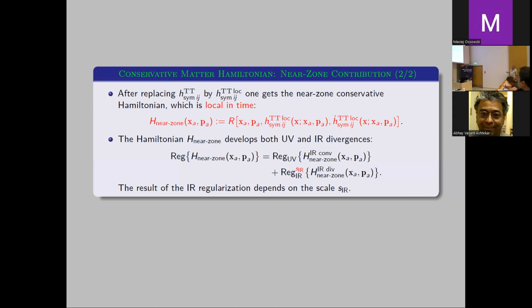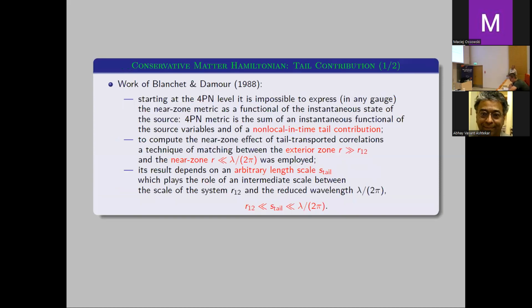So regularization is also related to the UV poles. And the second part is vice versa. That is, it is infrared divergent but UV convergent. And for this part, we need this new regularization scale.